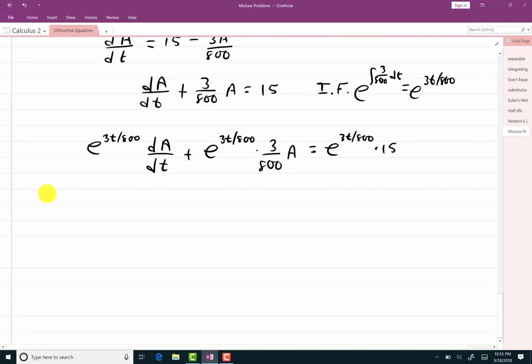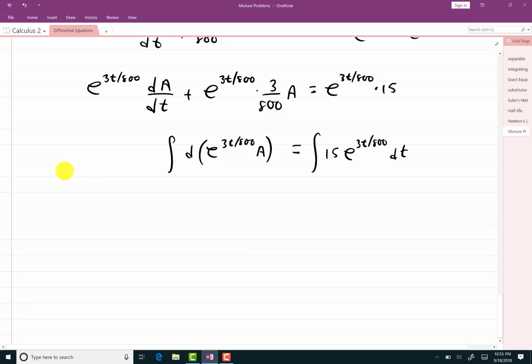Of course, you've seen this before. I'll even just go straight to the integral. d of e to the 3t over 800 times A is the integral of 15 e to the 3t over 800 dt. Of course, the left side is easy.